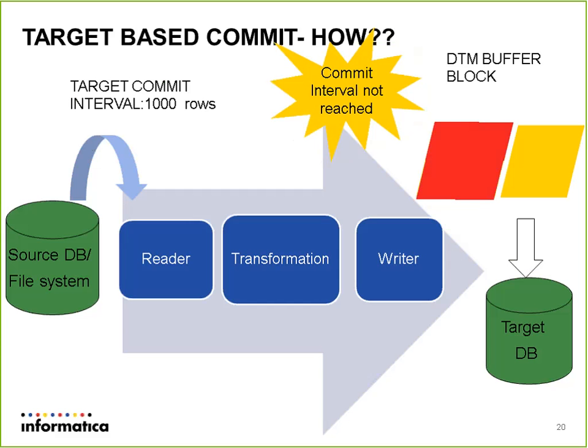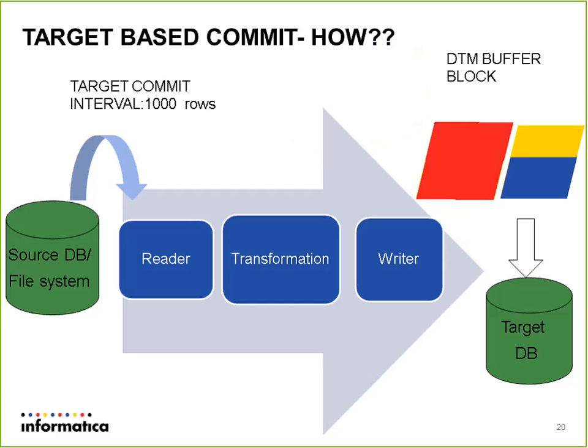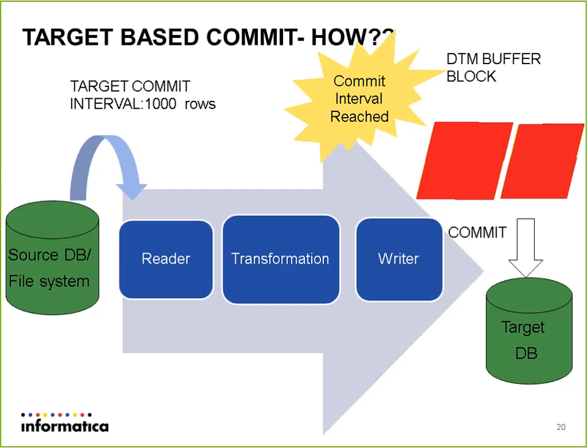The integration service writes data to the target, but it waits to issue the commit. The session process continues to fill the buffer and issues the commit when it reaches the commit interval and fills another writer buffer. Here, the amount of rows committed to the target can be more than or equal to that of the commit interval.